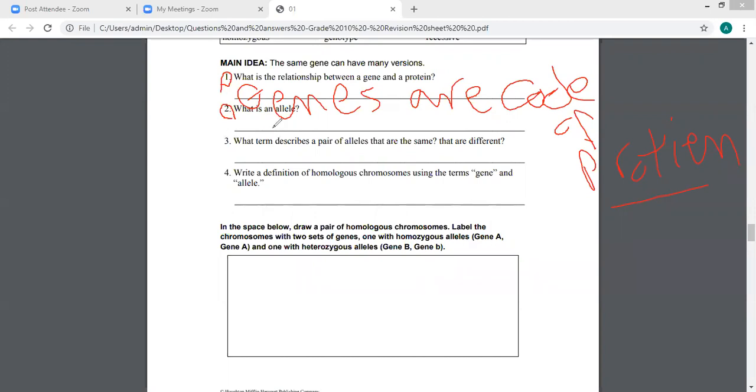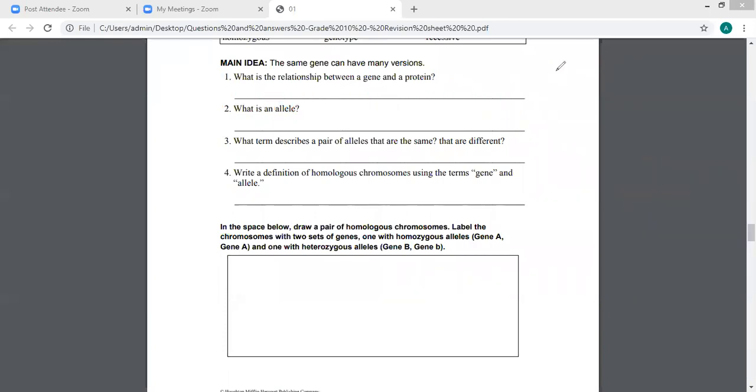So, allele: alternative forms of a gene.